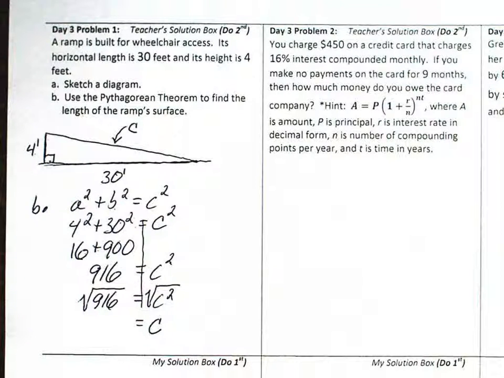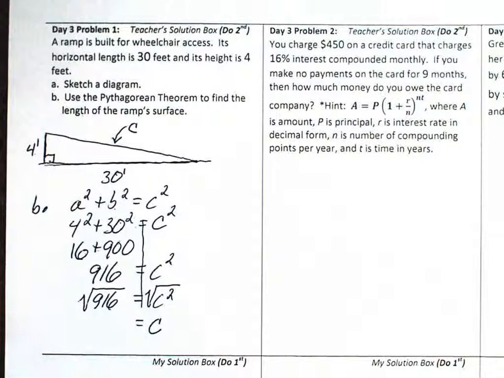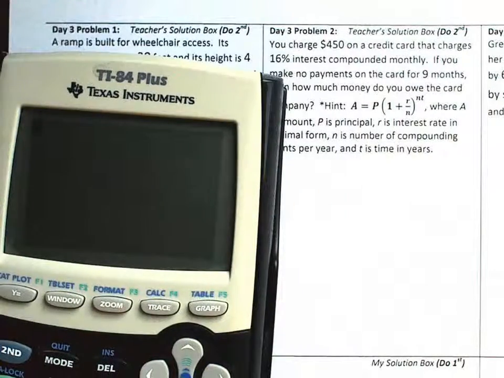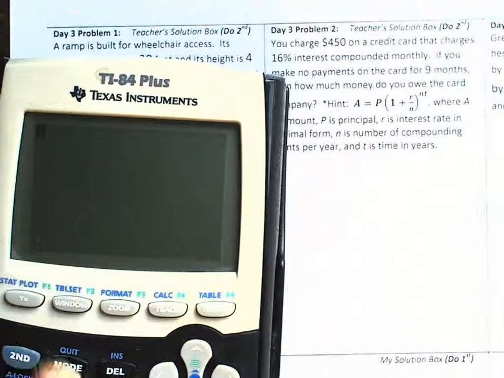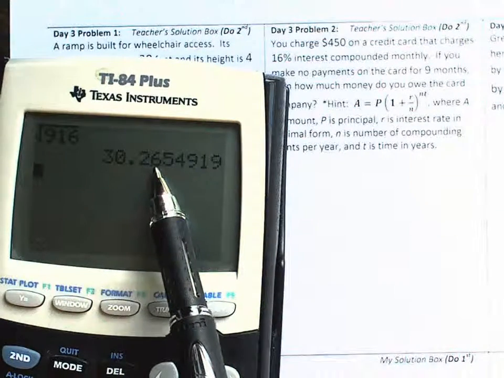The square root of 900, you might remember, was 30. And so the square root of 916 is going to be more than 30. Let's use the calculator and get that figured out. Square root 916. Enter. 30 point. Let's round to one decimal place, so we look at the next spot over.